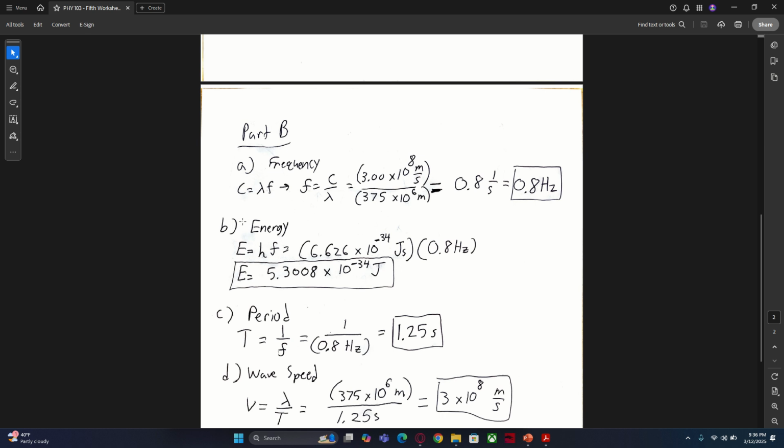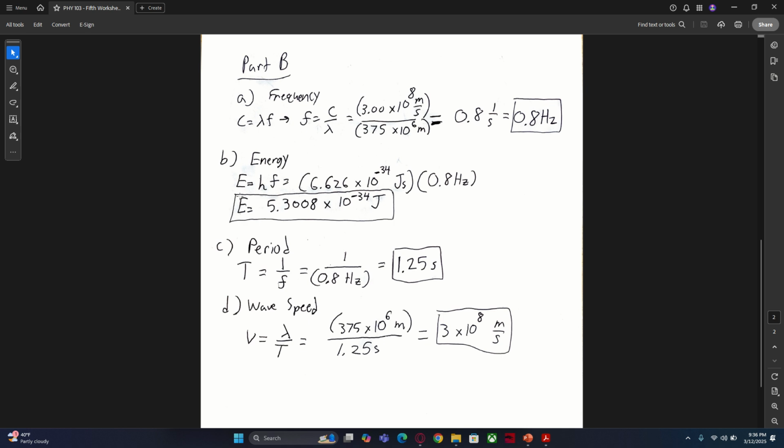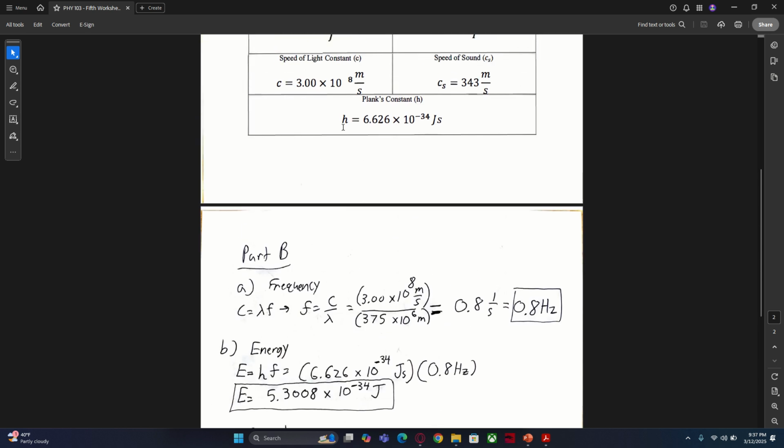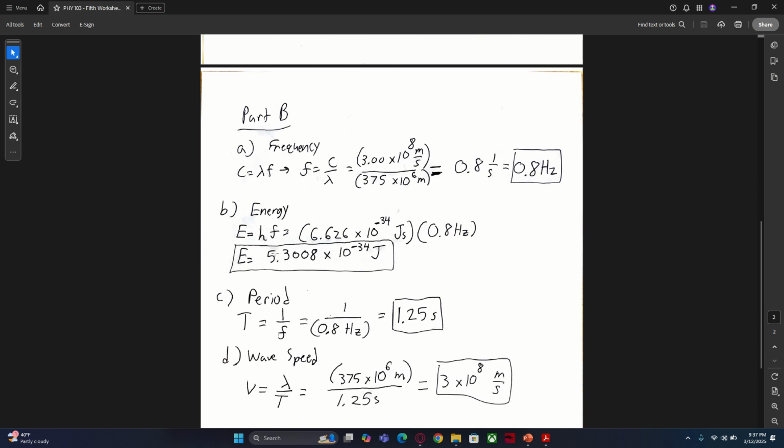For energy, the energy of a wave equals Planck's constant times the frequency. Now, Planck's constant, we were told in our chart, is 6.626 times 10 to the negative 34 joule seconds. That's why that number got plugged in here. And we're going to multiply that by the frequency we just solved, so 0.8 hertz.